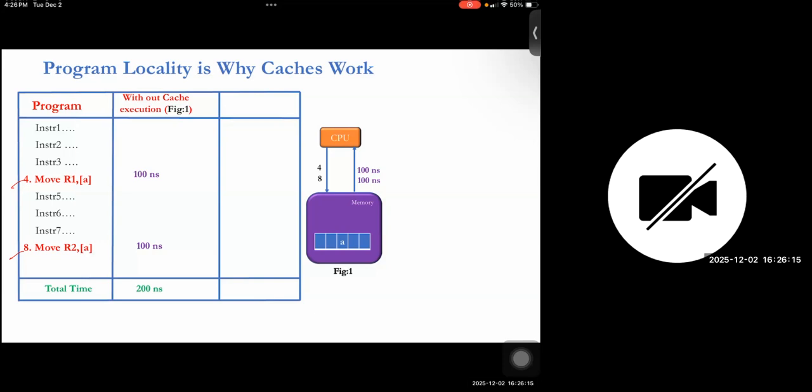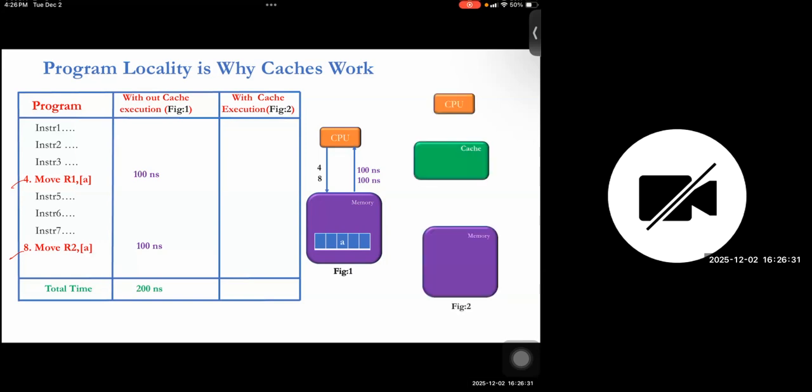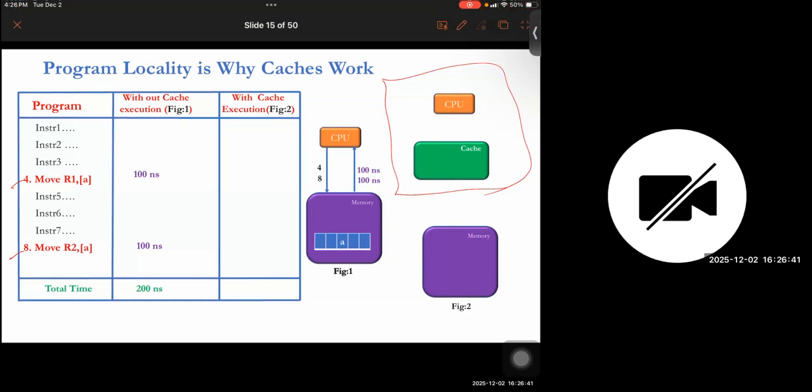In this example, let us assume that the L2 cache is taken into account, and let us see how to execute these two instructions, which move the value A into different registers. The L2 cache is inside the CPU chip, so how does it help to increase the performance?